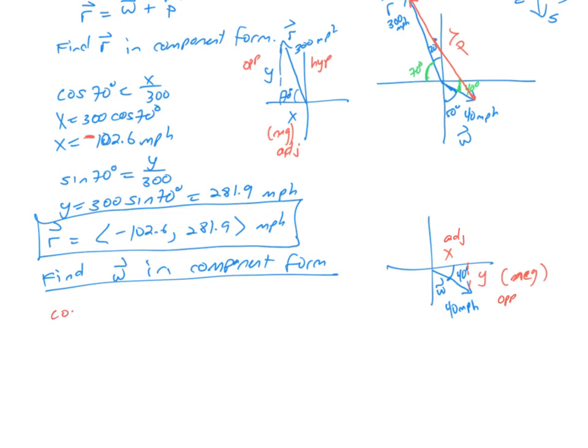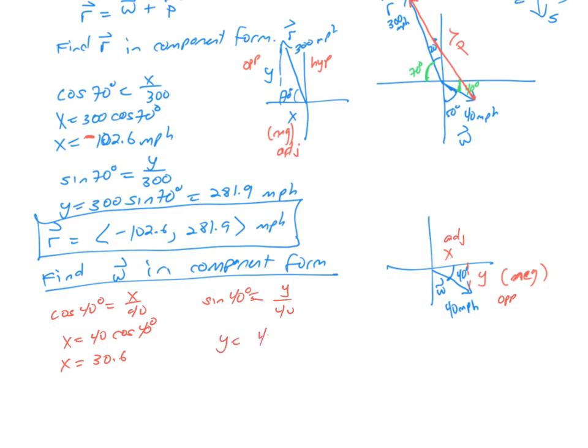And so we're going to say cosine of 40 degrees is going to be X over 40. So X is 40 cosine 40 degrees. And if we enter that in a calculator, we get X is 30.6. Likewise, sine of 40 degrees is going to be Y over 40.